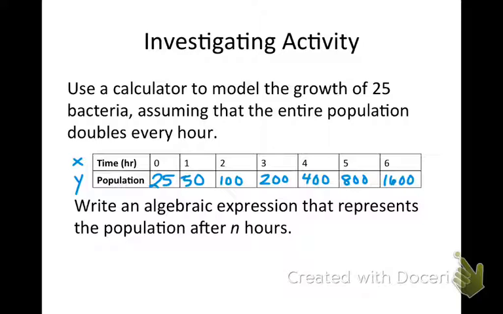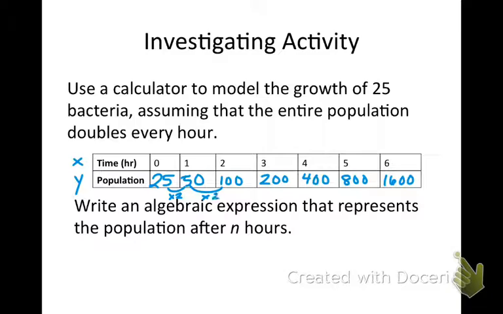Guys are thinking. Keep thinking. Oh, it's like 2 times the previous hour plus the now hour. So like if you did 25, 25 times 2 is 50. Yeah. 50 times 2 is 100.